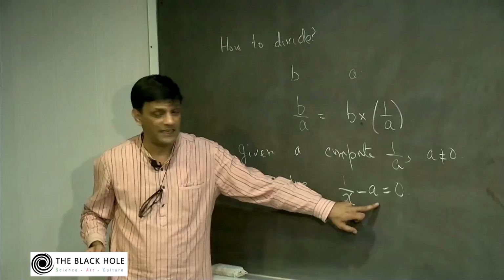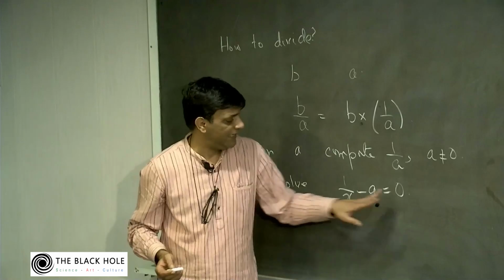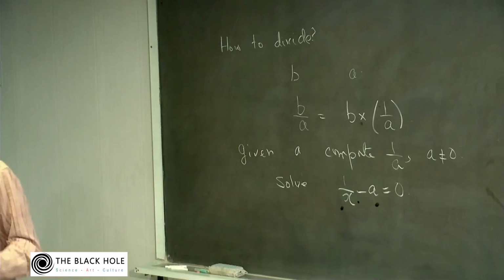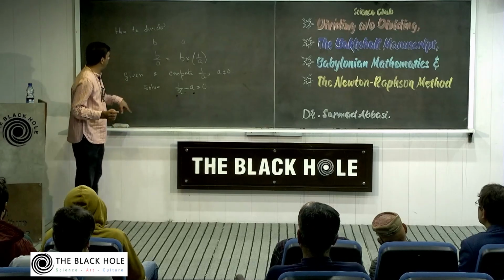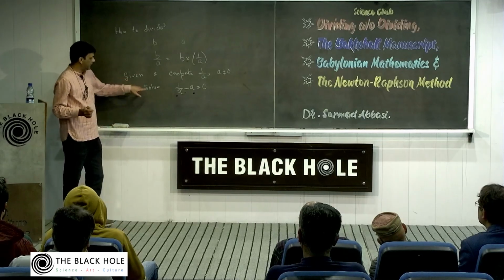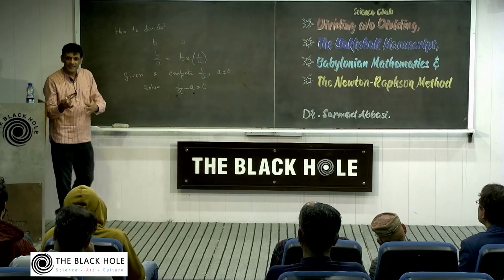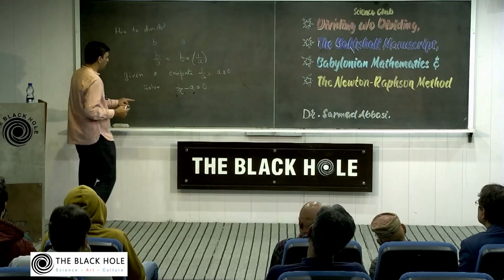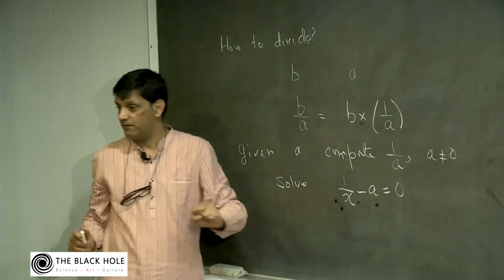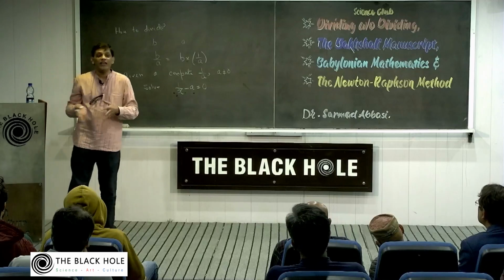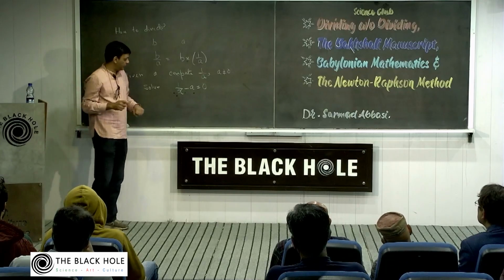And simple algebra tells you that, take A on the other side, inverse on the other side, the only solution is x equals 1 over A. So from a simple question, we've made this very complicated, right? So let's make it slightly more complicated also. Well, why solve just this equation? Why not solve an even harder equation, a larger class of equations?